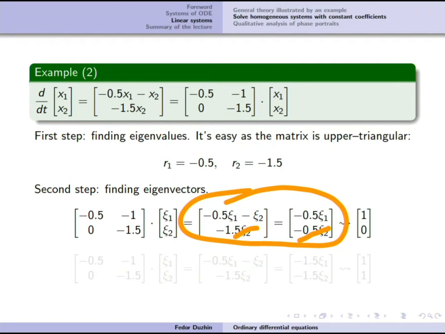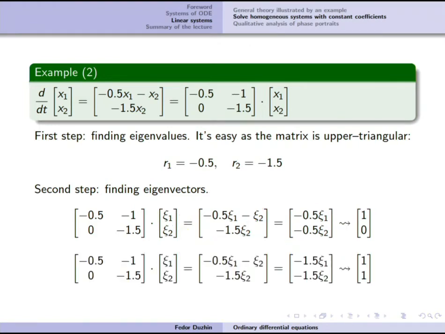And then if we exclude xi2, then the first equation is redundant, actually. It doesn't tell us anything. And then you can always find an eigenvector that has, I don't know, nice integer coefficients, or maybe it has unit length, up to you. Right, that's the other eigenvector.